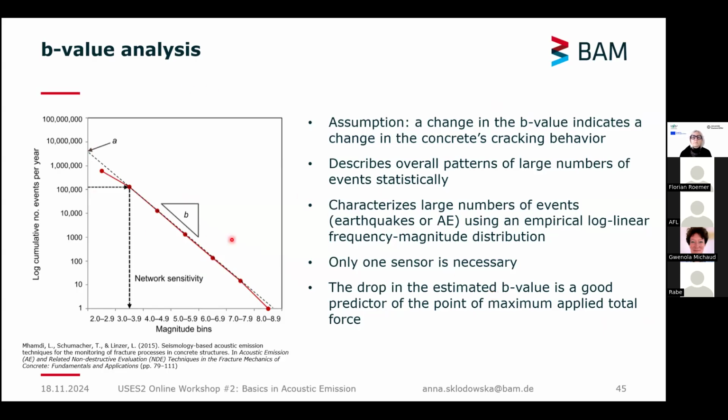This analysis describes the overall patterns of a large number of events statistically. We characterize large numbers of events, like earthquakes in seismology, but in this case acoustic emission, using an empirical log-linear frequency-magnitude distribution.